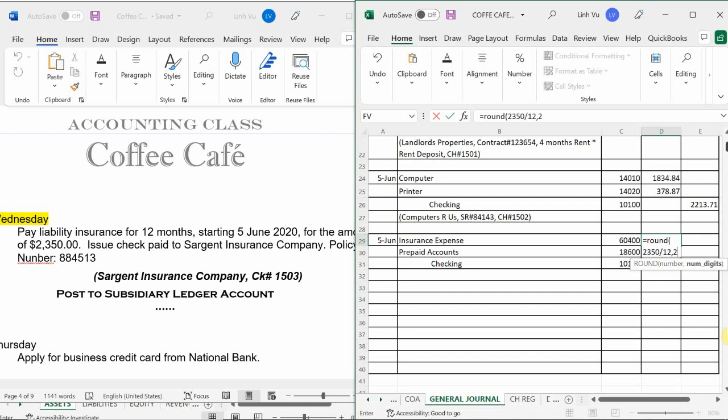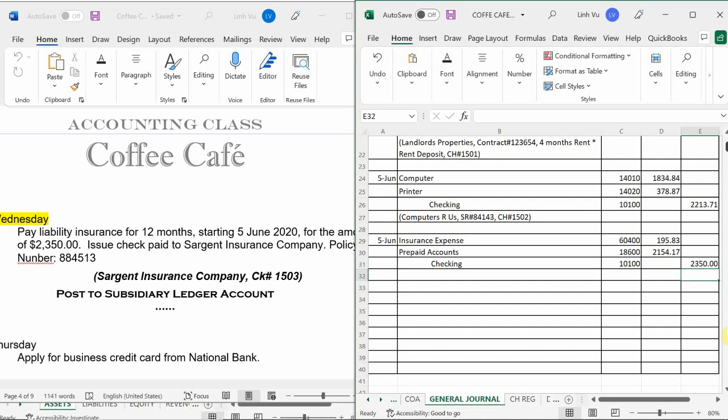I got 195.8333. Good. So we know if it's 2,350 and I subtract 1 month, then the remainder should give me $2,154.17. That's 11 months worth of insurance to give me my grand total of $2,350.